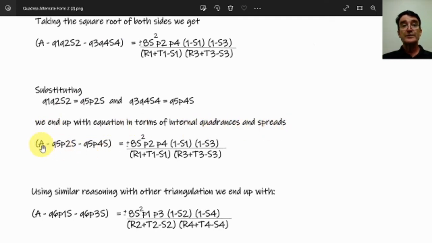So we end up with an equation: the quadria A of a projective quadrangle, A minus Q5 times P2 times S minus Q5 times P4 times S, is equal to plus or minus 8 times S squared times P2 times P4 times 1 minus S1 times 1 minus S3, all divided by R1 plus T1 minus S1 times R3 plus T3 minus S3 in the denominator.